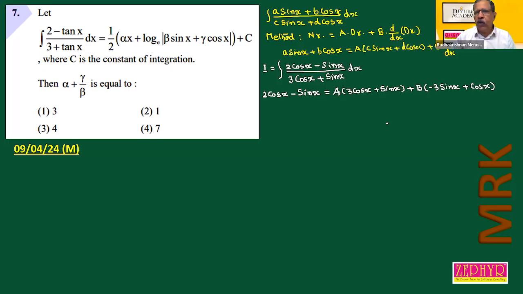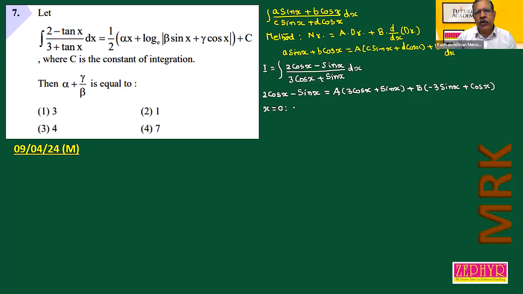Or you can do it like this. Put x equal to 0. This way also you can do it. When x is equal to 0, it's one and the same. The term containing sin x will be 0, so cos x will be 1.